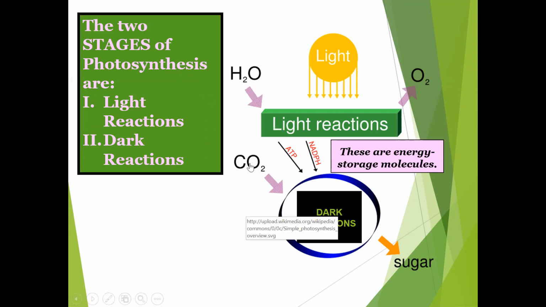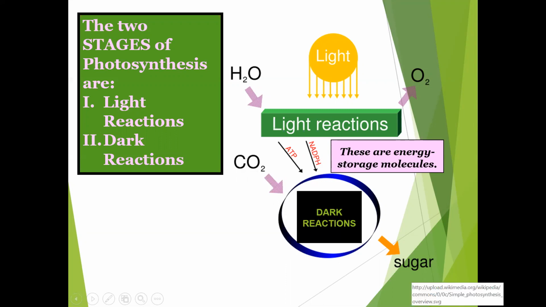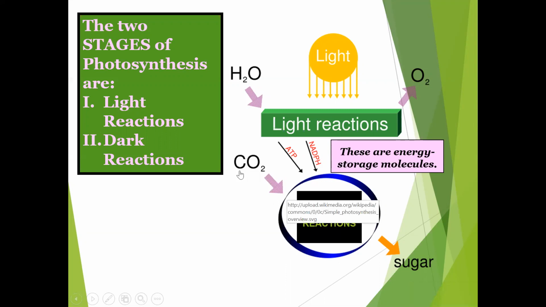Now, this is where CO2 is going to enter into the process. What do we get out of the dark reactions? This CO2 and this hydrogen are going to be fixed. They're going to rearrange so that we get a sugar: C6H12O6, which is where we get the carbon, the hydrogen, and then the oxygen.